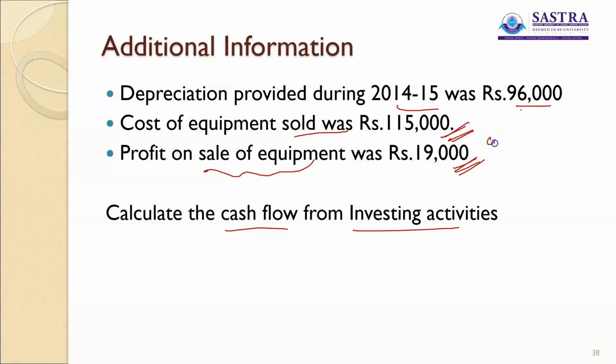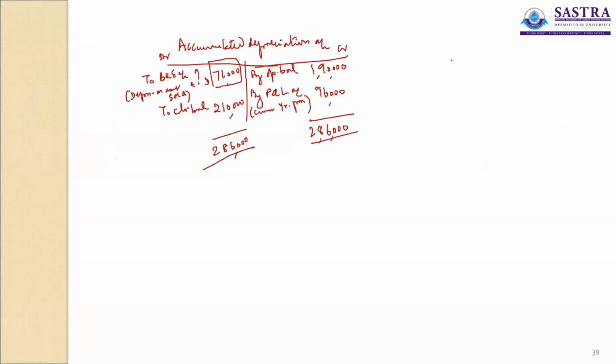The amount of cash proceeds from sale is not directly given. It is hidden information. So first we have to find out the book value of the asset on date of sale. And supposing we have made a profit of 19,000, how much should be the cash for which the asset would have been sold can be calculated. So using this information, depreciation on assets sold.